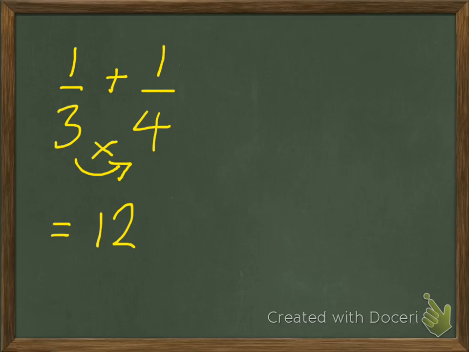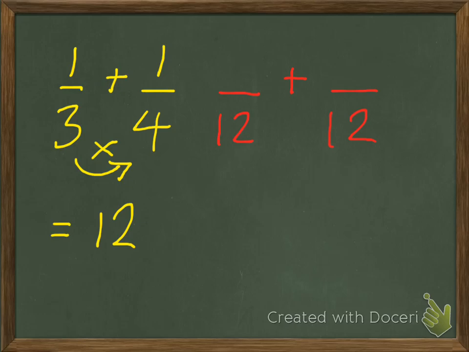So 1/3, well I know it's going to end up being a 12th, so let's have a 12th there, and I know it's going to be plus because I've got the plus sign there, and this fraction is going to be a 12th also, and it's got to be so that they still have the same value. So follow me through on this one.